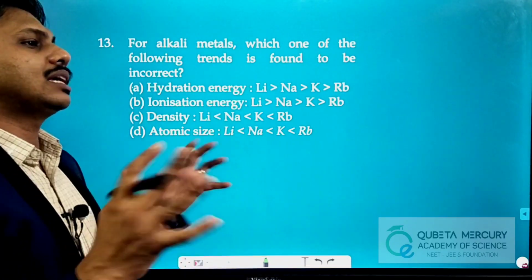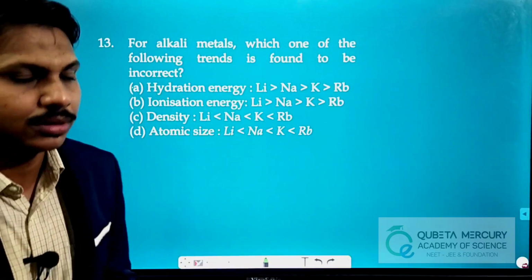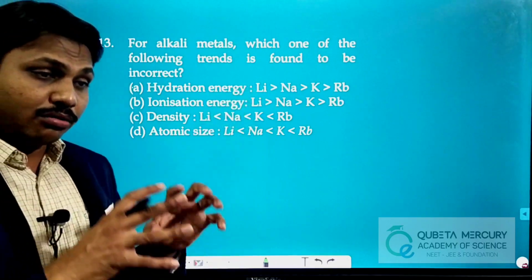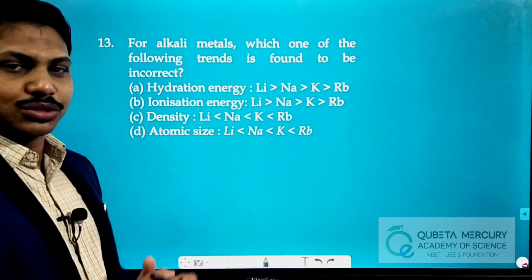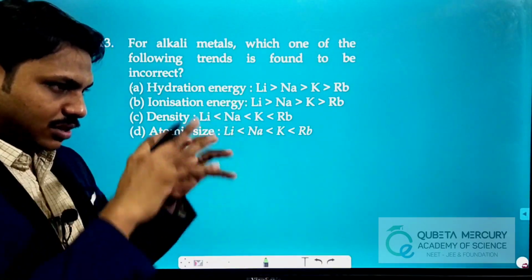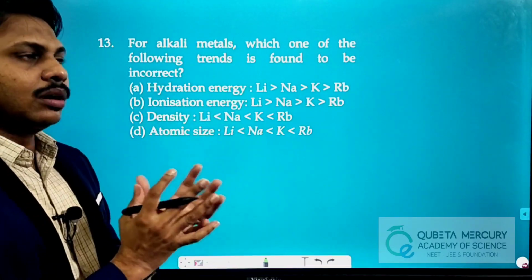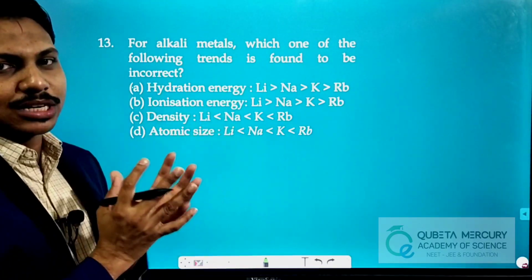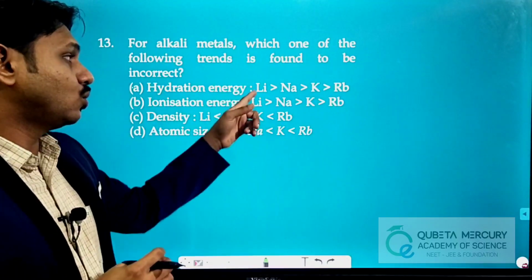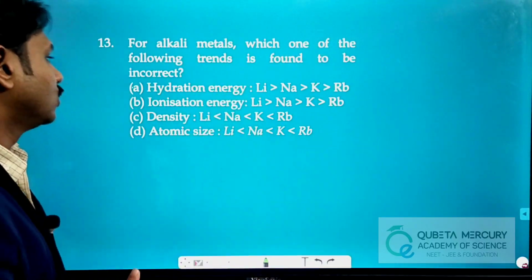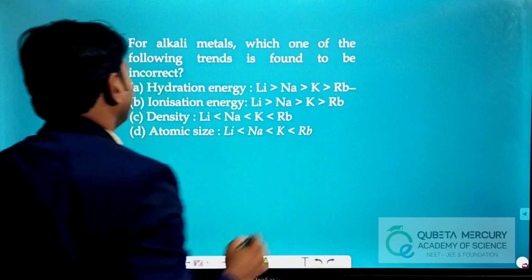Therefore, it cannot associate with more water molecules. So the first one will have greater charge to radius ratio, and that can have more water molecules enveloping it. That is what is called hydration. So lithium will be hydrated to a larger extent. So this option given is the right option.